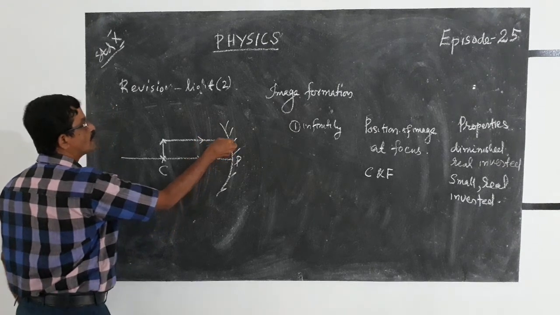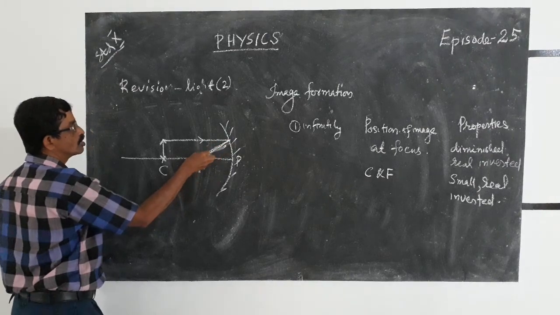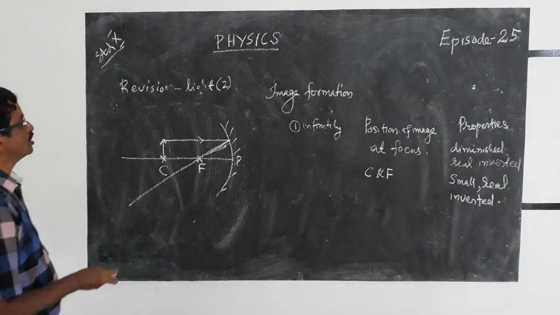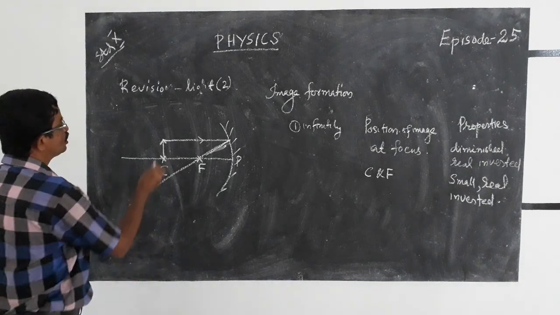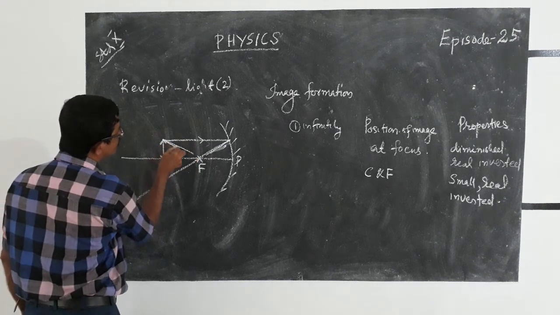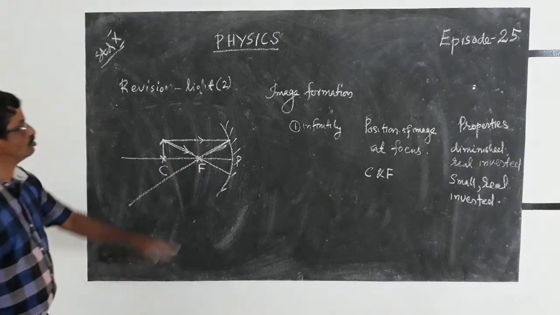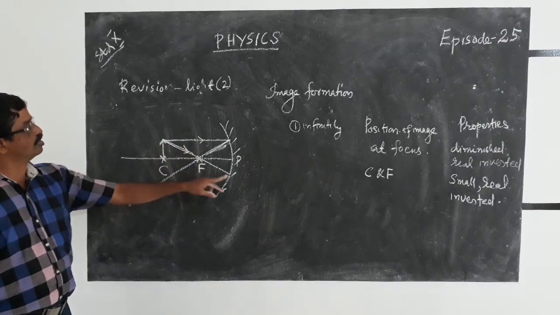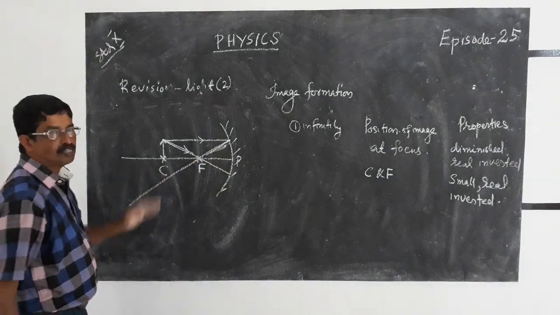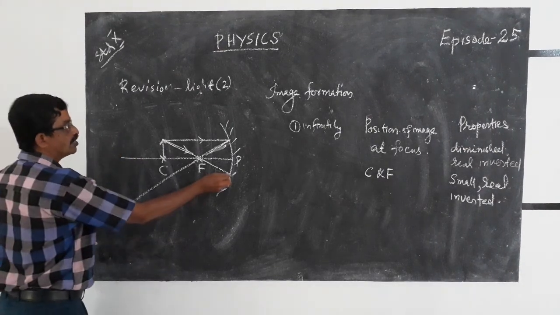We know after reflection it passes through the focus. Now we consider another ray going to the mirror through the focus. In this manner it will reflect parallel to the principal axis, so it will reflect in this way.